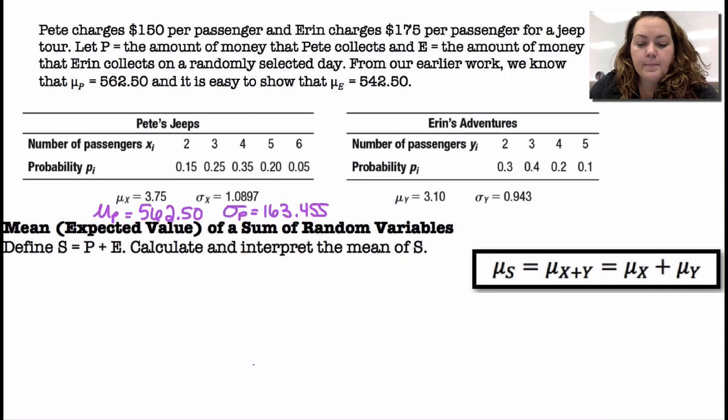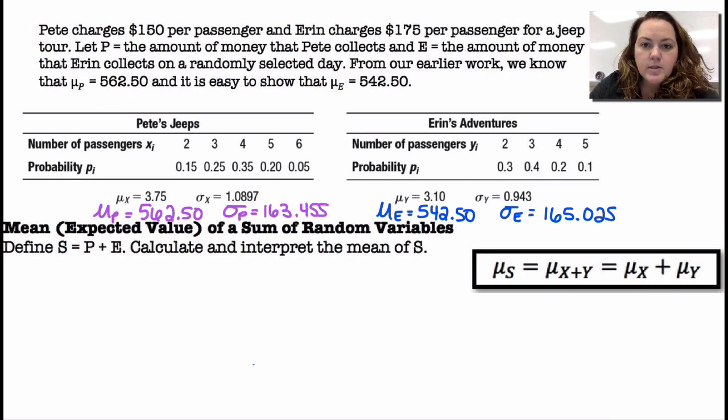I took that same question and found mu of P and mu of E, which just changes it into money. Because I multiplied each value by 150 and 175, I multiplied the mean by 150 and 175. Remember, in transforming random variables, multiplication changes the mean. It also changes the standard deviation, so I multiplied the standard deviations as well.